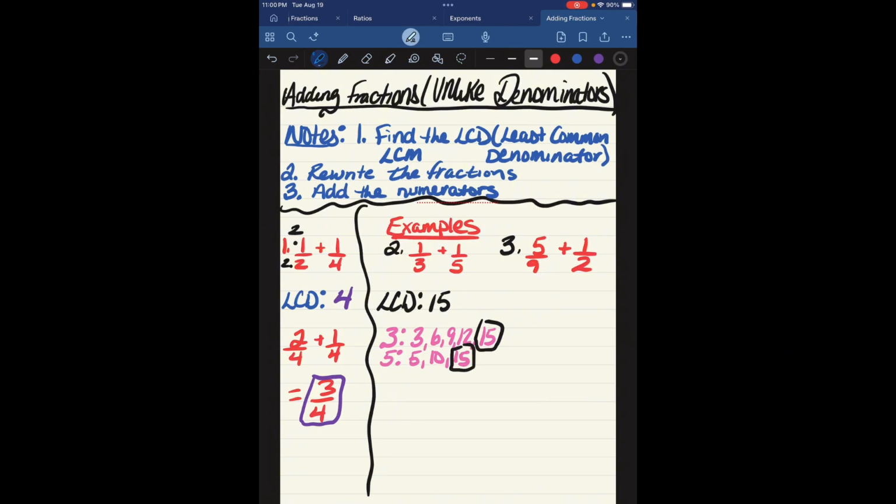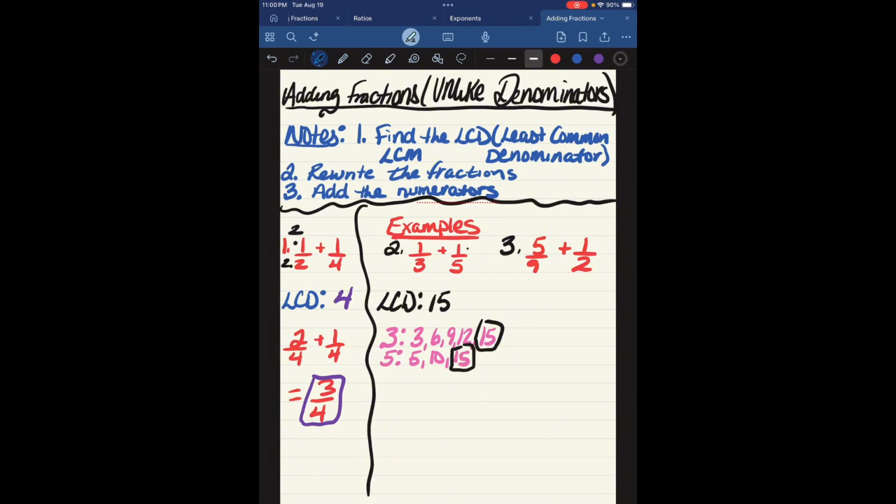That is our common denominator. When you find the least common denominator, it is the first number that they have in common. Remember, the least common denominator is the first common number that the two values share. All right? Now back to the work.